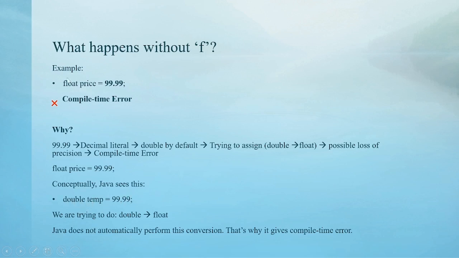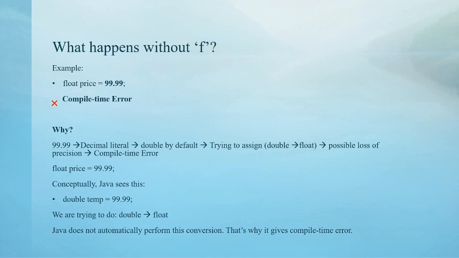But what I have declared is of type float. So internally it should convert double to float, and there is a possibility of loss of precision. That is why it gives the compile time error. Converting a double to a float can potentially lose information, so Java does not automatically perform this conversion.